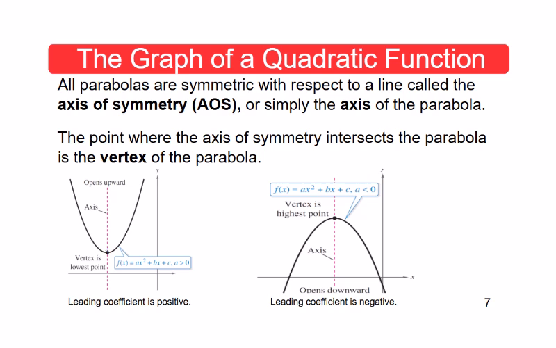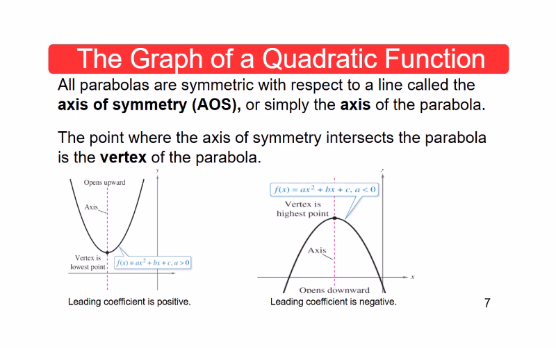So it's the low point if it's an upward facing parabola, and it's the high point if it's a downward facing parabola. Remember we talked about extrema, and so the vertex is the extreme point of a parabola, whether it's the minimum, again, if it opens upwards, or the maximum, if a parabola opens downward. Okay.